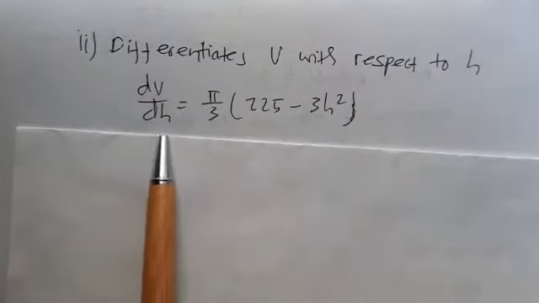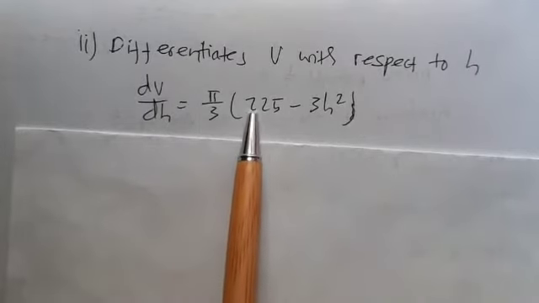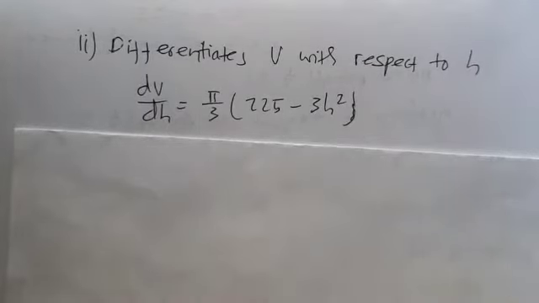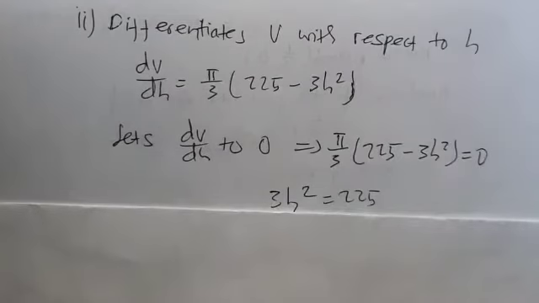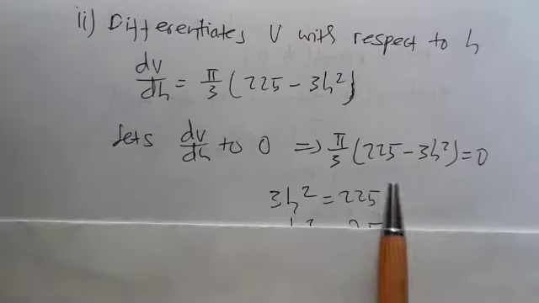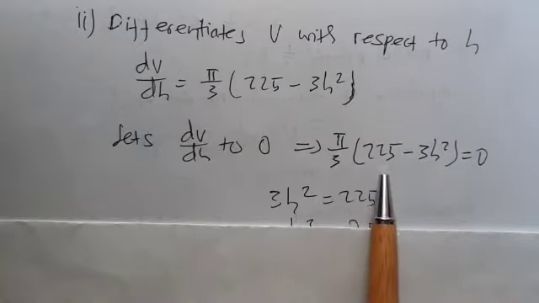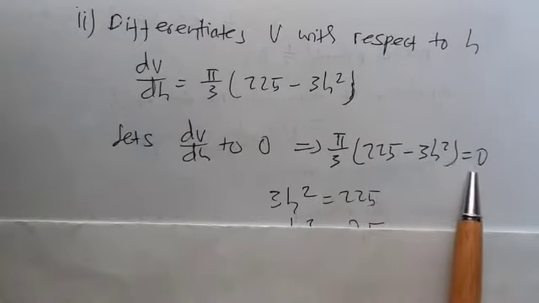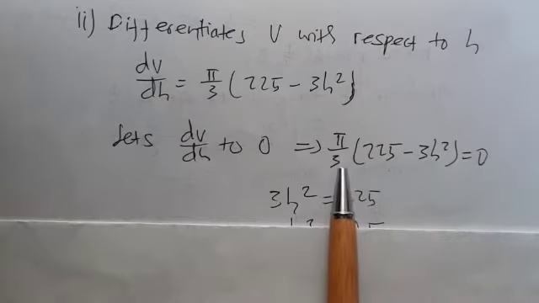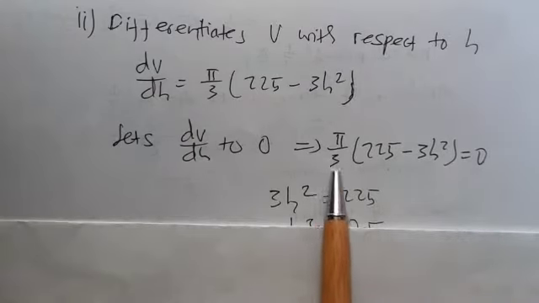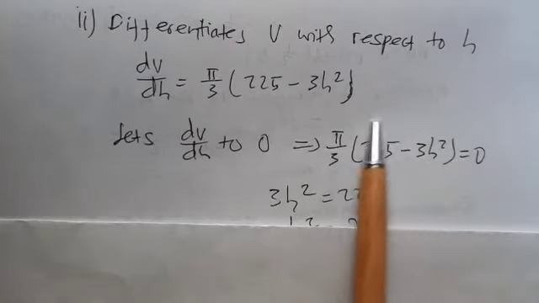That is why dV dh is pi over 3 times 225 minus 3h squared. Set dV dh to 0. Thus, pi over 3 times 225 minus 3h squared equals 0. Pi over 3 cannot be 0. Thus, this part will be 0.